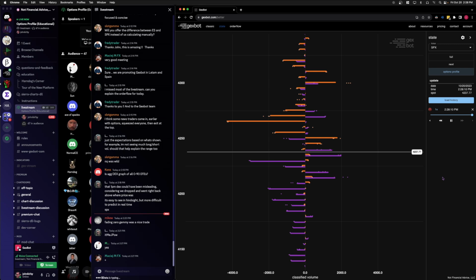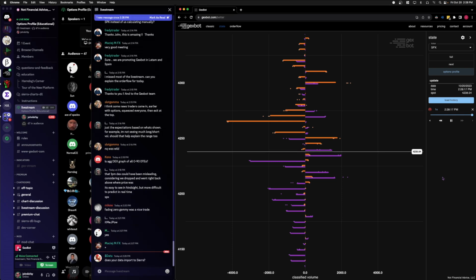And then it looks like long puts have grown as well, and short calls have too. What's interesting though, these puts over here, the 4250s, those short puts have been coming out. Okay, I guess that's all pretty consistent. This is interesting though. These guys are bailing. Some of these guys are scared too.